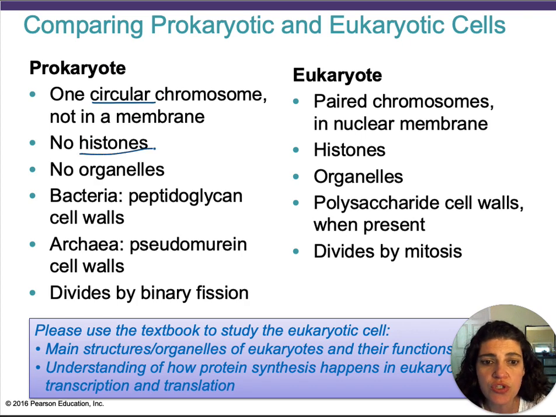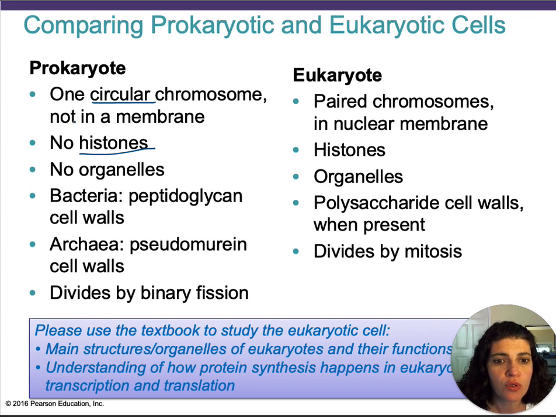There are no histones. What are histones? These are the proteins that the DNA coils around to keep it organized in eukaryotes. So you don't have this in prokaryotes. No organelles. All those phospholipid bilayer enclosed vesicles and structures that you see in eukaryotes, you don't see in prokaryotes.